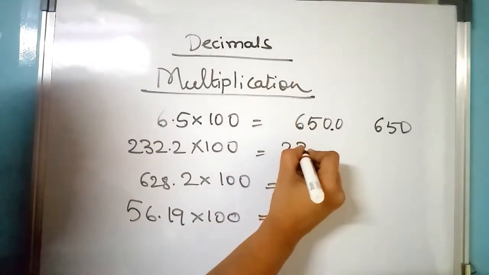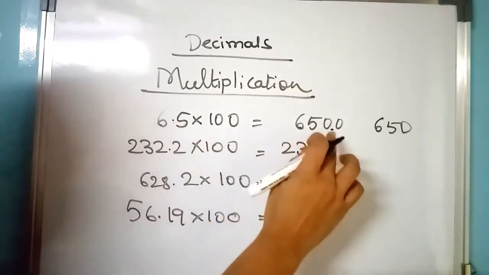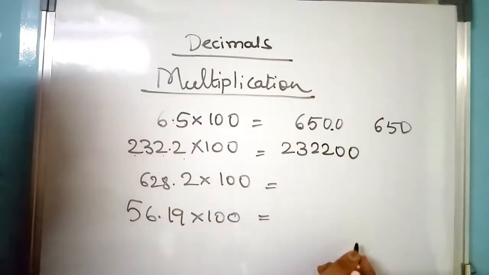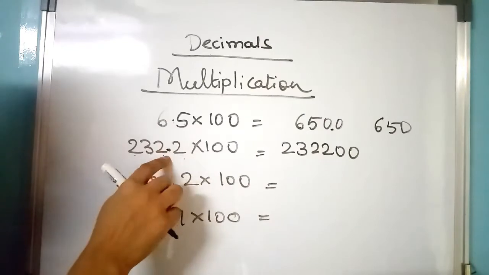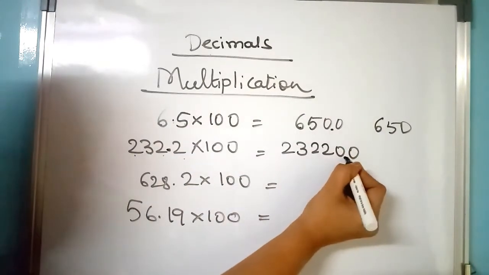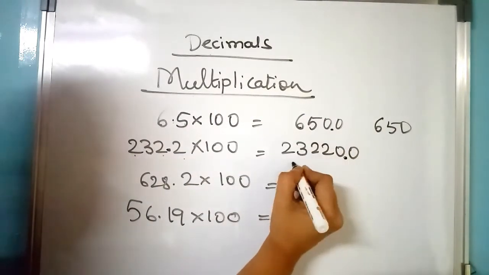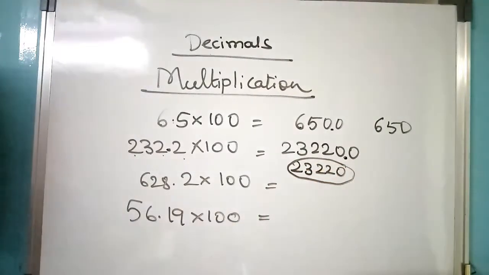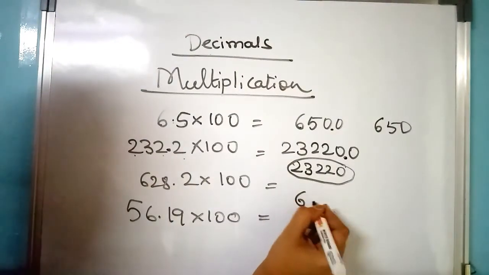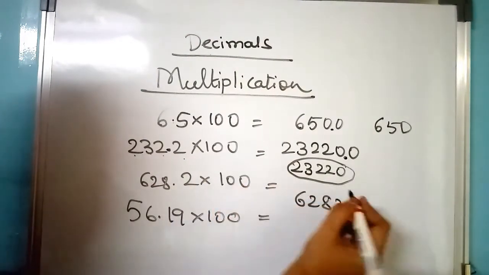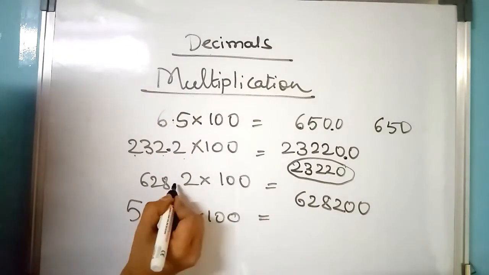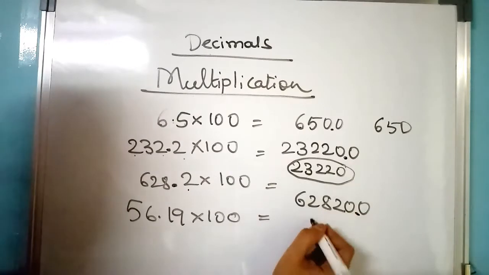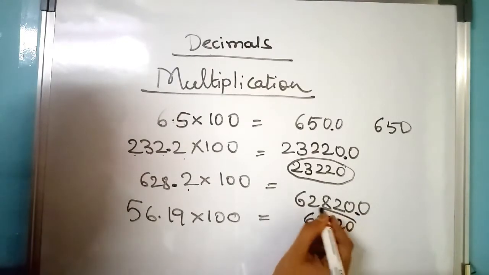Okay, 232.2 into 100 means 232200, and as after decimal there is only one place, place the decimal here. Okay, so the answer is 23220. Okay, here 628200, so after decimal one place, so we'll write the decimal here, and the answer is 62820.